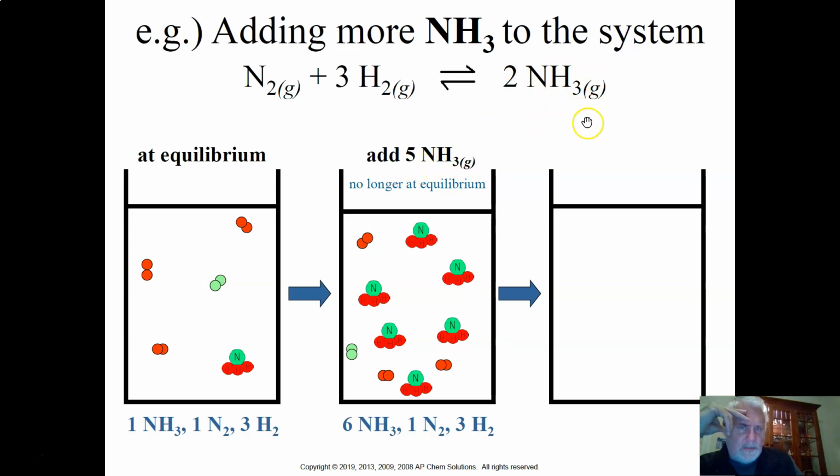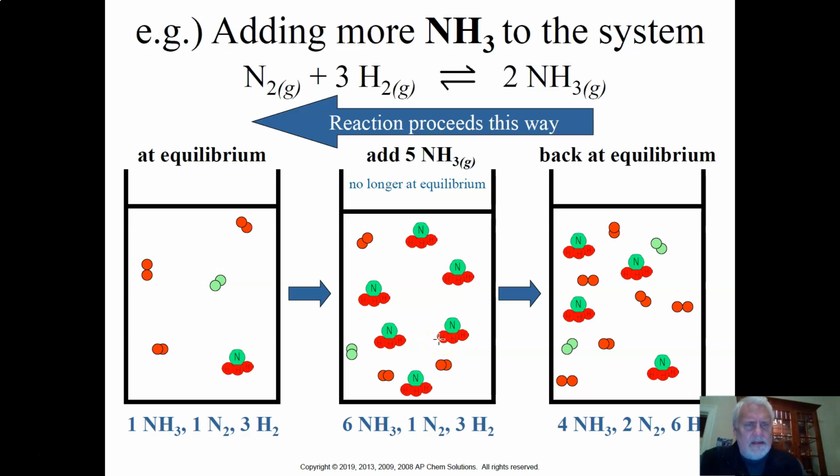So you dump a bunch of NH3 on there. The NH3 is heavy on the product side. Therefore, it wants to kick back to the left once you do that, and the reaction will compensate by going back to the left. Too many products, it'll fix itself.